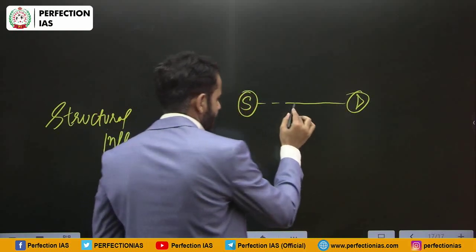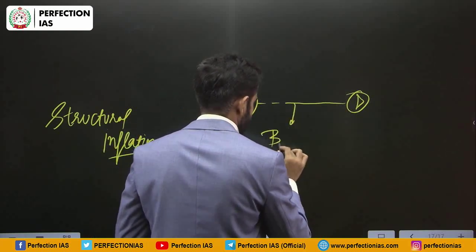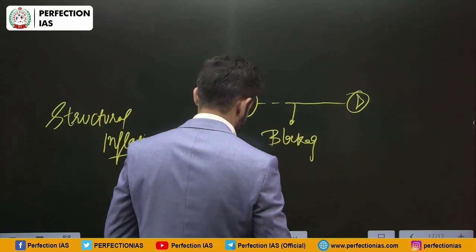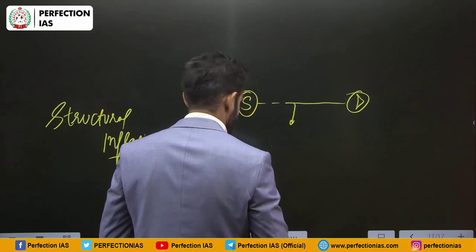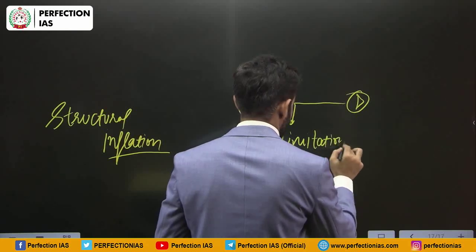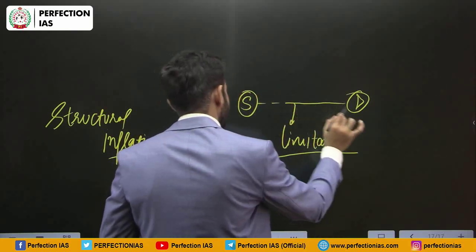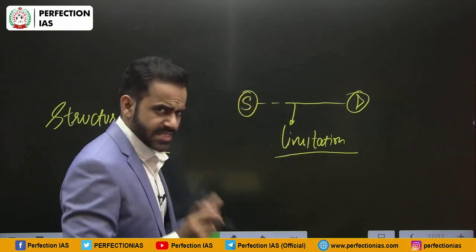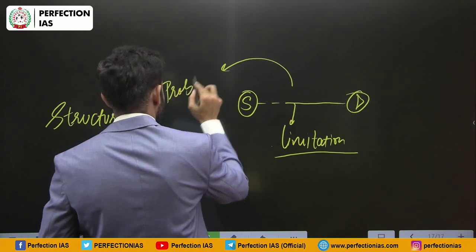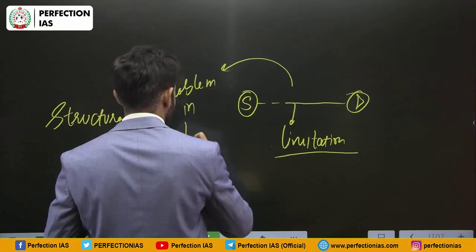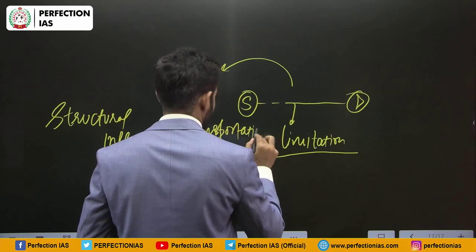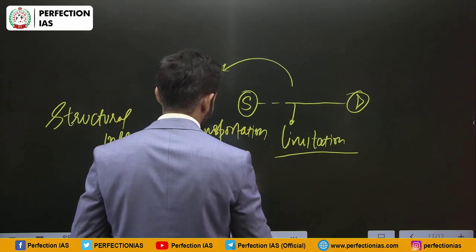There are barriers or limitations between supply and demand. One simple example: problem in transportation due to poor infrastructure.